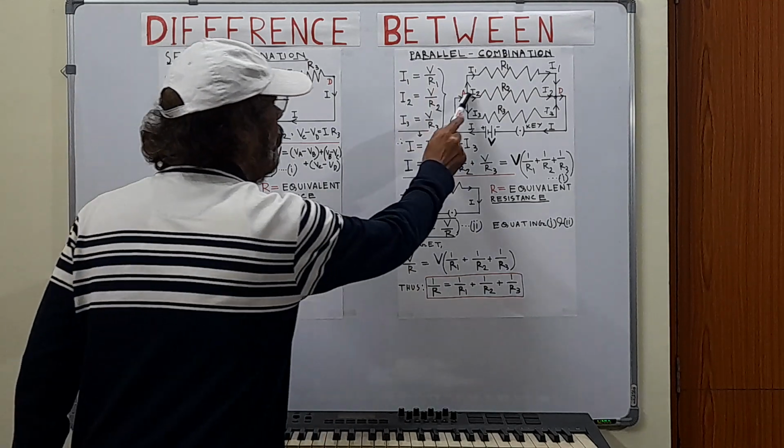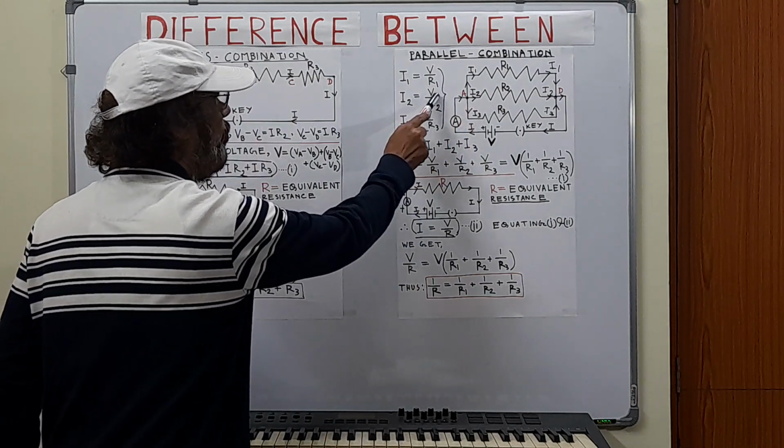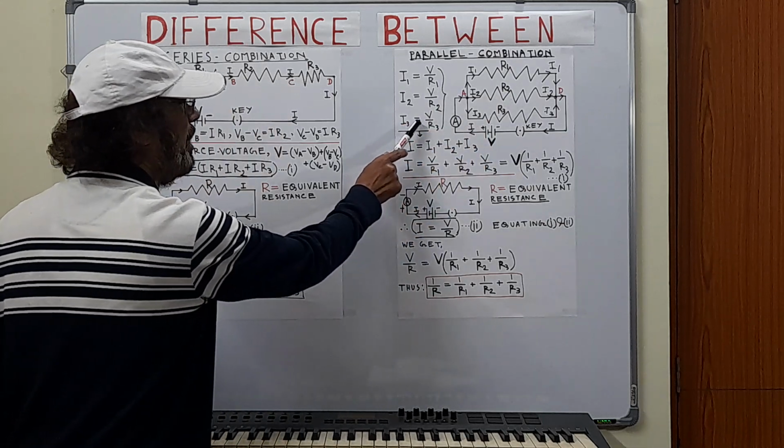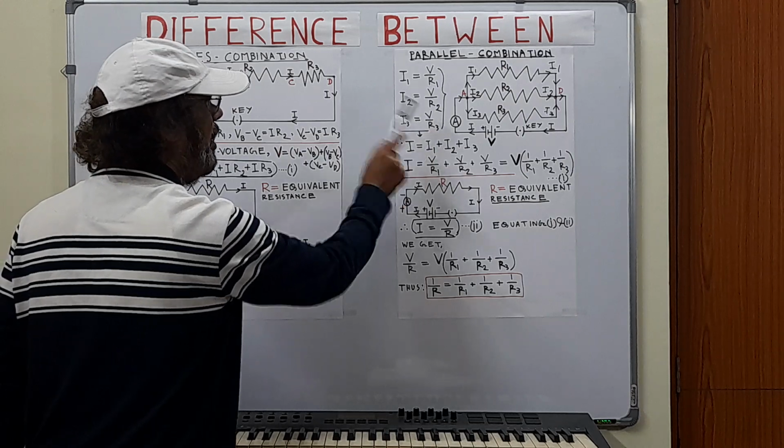Similarly, current I2 will be equal to V by R2, and in the same way, I3 is equal to V by R3.